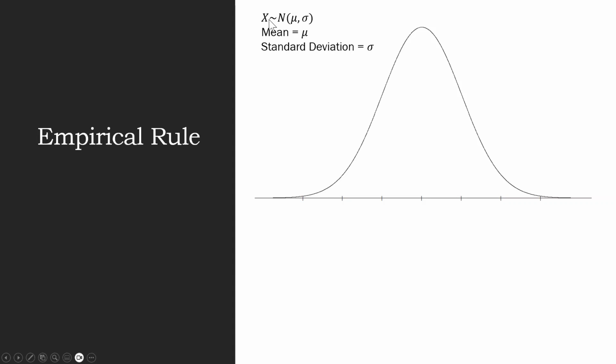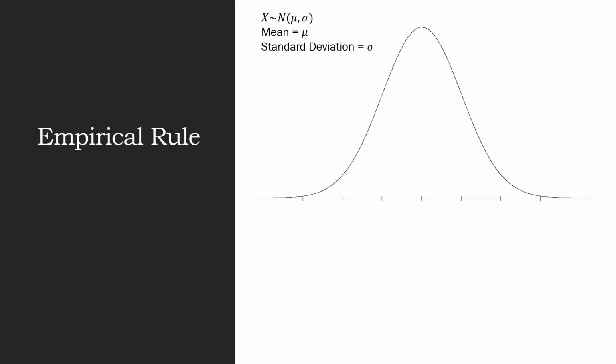Once we know that variable follows a normal distribution, this means that x is distributed as a normal variable with a mean of mu and a standard deviation of sigma. Once we know the mean and the standard deviation, we can replace those values in that notation. So x is distributed as a normal random variable with mean mu and standard deviation sigma.